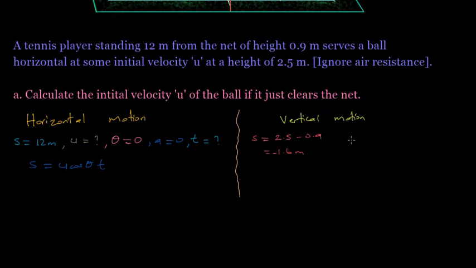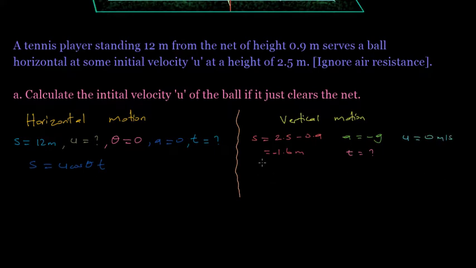Now, in this case, our acceleration A is just minus g, right? The time is what we're trying to find. And since the object was launched horizontally, our initial vertical velocity is going to be 0 meters per second.